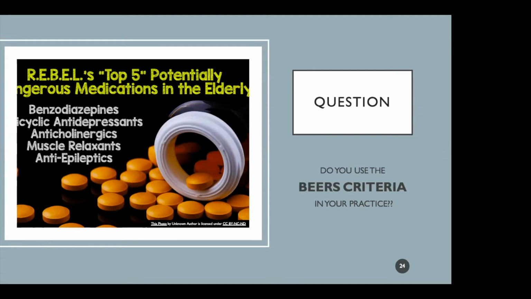It is updated periodically. The last one was 2019, which gives you a whole list of medications which are potentially harmful to use in elderly folks. And so we highly, highly recommend this as a best practice.